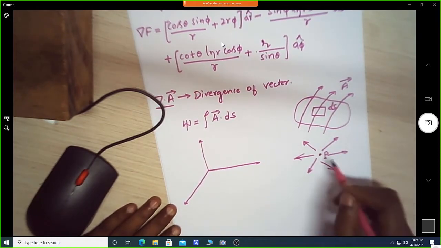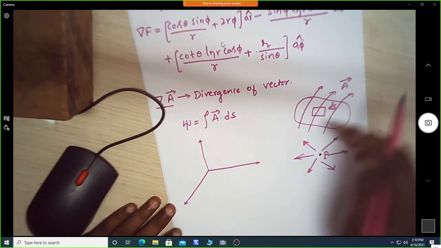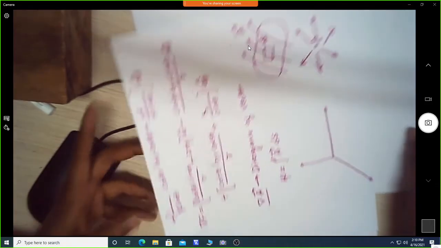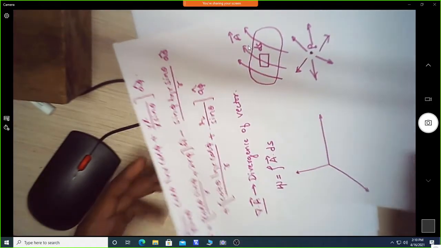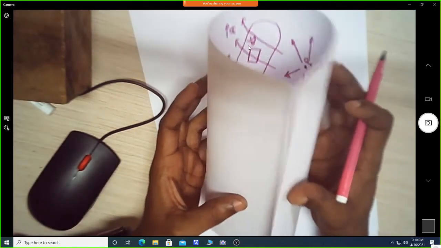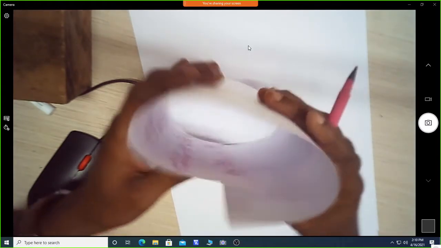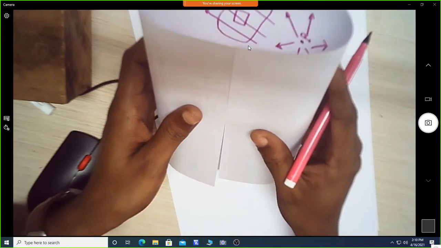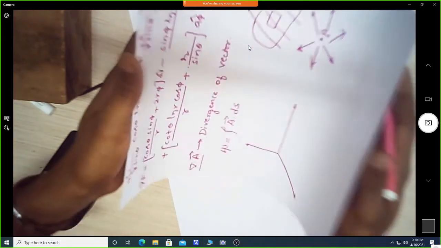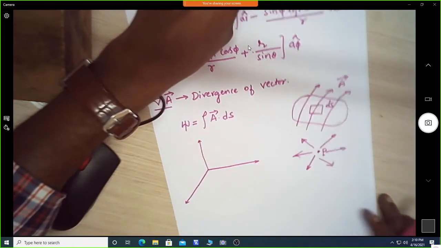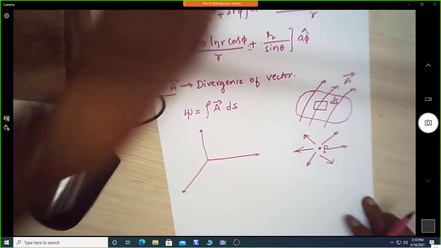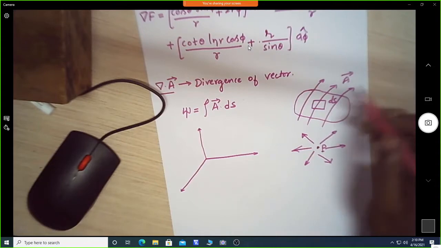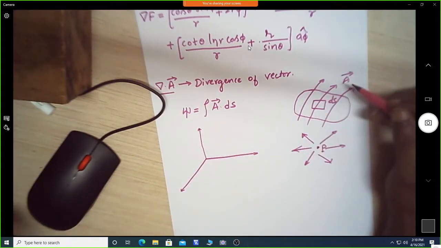So as I said, if I take just this sheet, it is an open surface, right? Now if I take a closed surface like this, the closed surface will become an open volume. Similarly, as we have discussed already, a closed line will become an open surface.